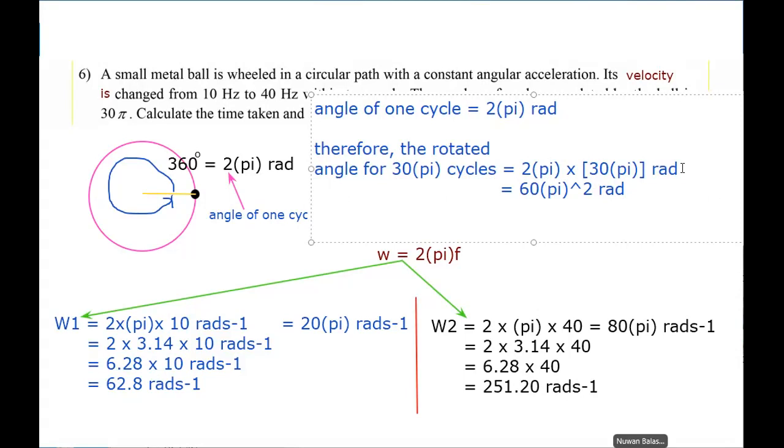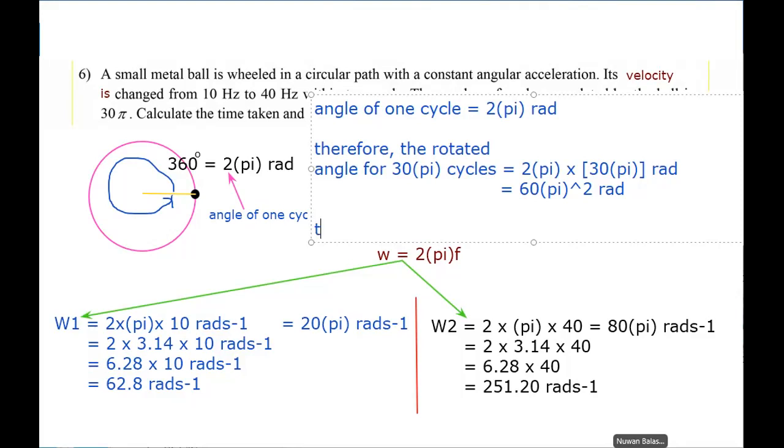Right. Now somebody unmute the mic and tell me the definition of angular displacement. What is the definition of angular displacement? The rotated angle in radian. Very good. Angular displacement is the rotated angle in radian. So the rotated angle is 60 times pi square.